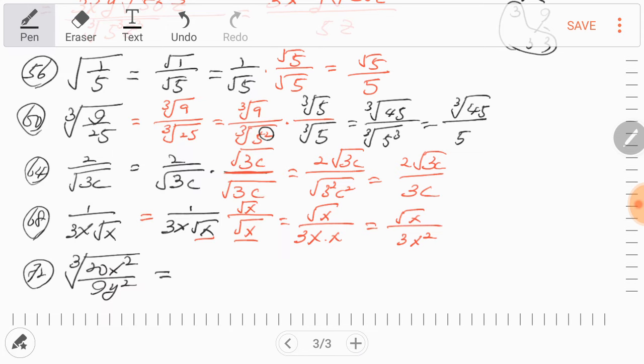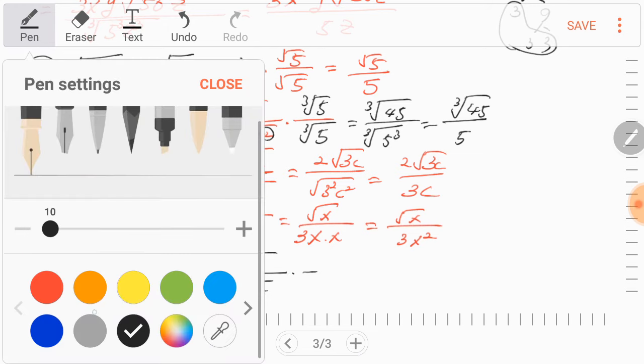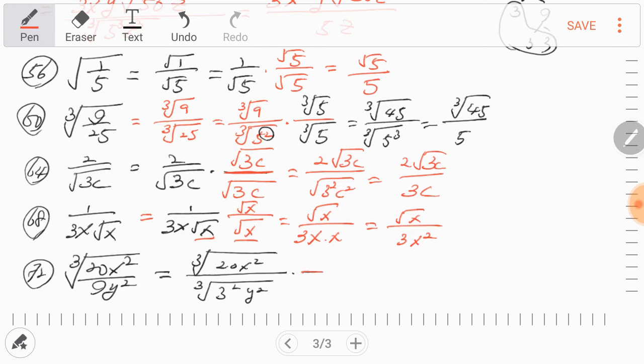And the last one. Okay, cube root. And 20 we cannot simplify, so just leave it and then separate numerator and denominator. Cube root of 9 is 3 squared and y squared. So in that case, what do we need to multiply both numerator and denominator by? The factor 3 has power 2 and y has power 2, so we need one more 3 and y because the index is 3.